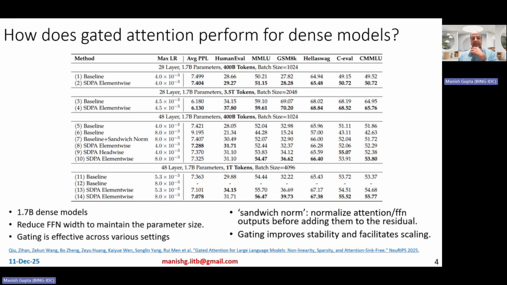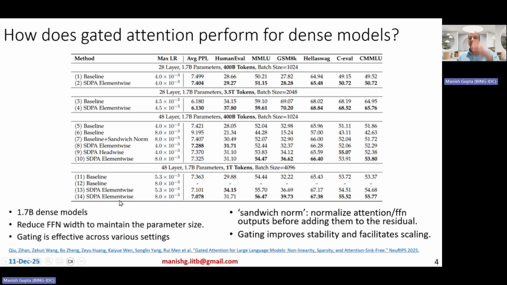The other interesting part is that they also experimented with expanding the depth from 28 layers to 48 layers, and the performance benefits continue to happen. Finally, as you can observe here, for a 48-layer deep model with 1.7 billion parameters and large batch size and a large number of tokens, the baseline with a learning rate of 8 starts diverging.